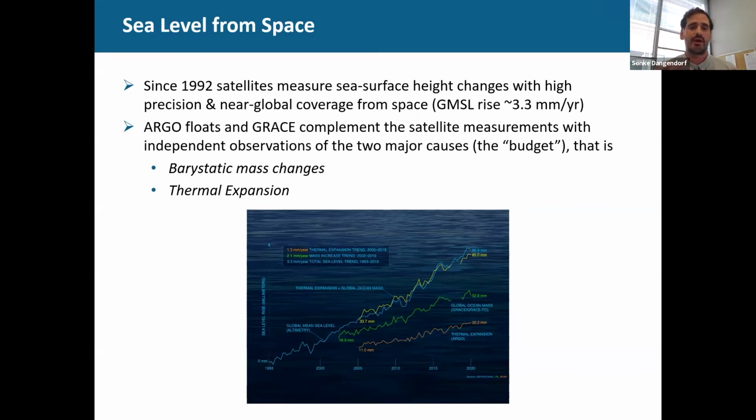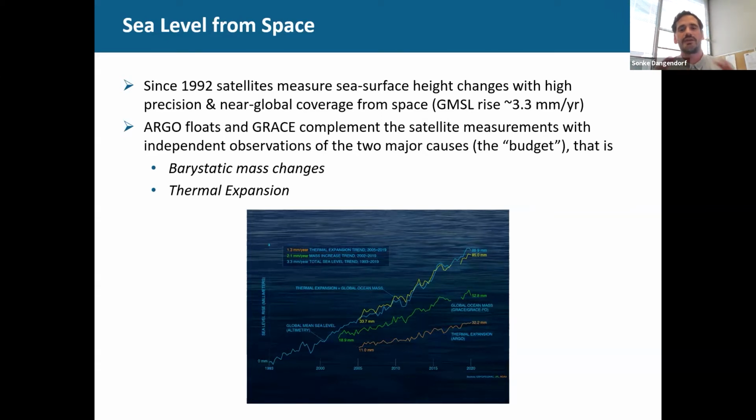For instance, now the Earth is warming. We all know that. So ice sheets and glaciers are melting and adding mass to the ocean. That's what we call barystatic mass changes. Of course, the ocean is also warming, and if the ocean is warming, it needs more space, so it expands. And that component for the global mean, we call thermal expansion.